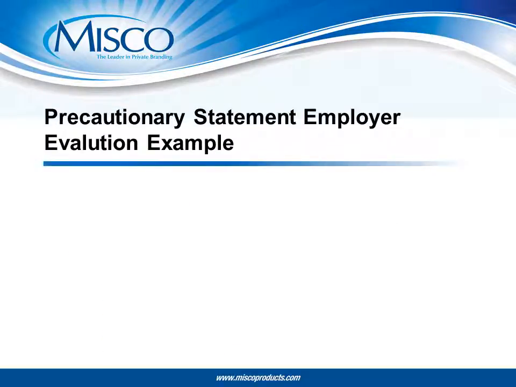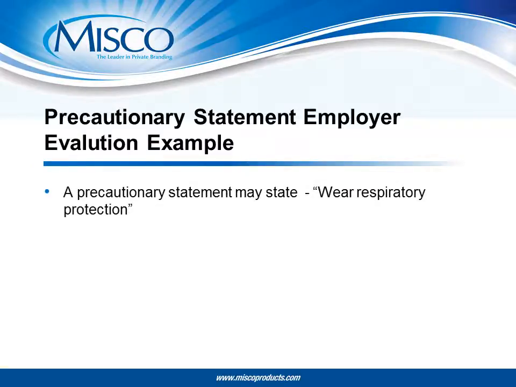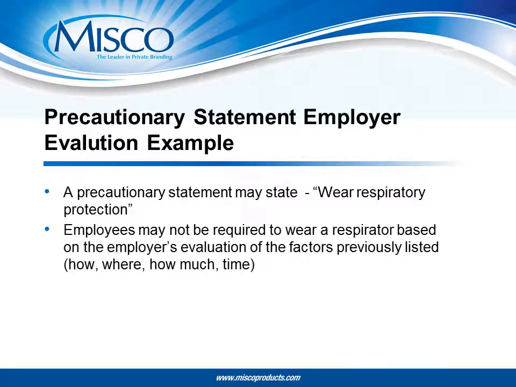Precautionary statement employer evaluation example. A precautionary statement may state wear respiratory protection. Employees may not be required to wear a respirator based on the employer's evaluation of the factors previously listed: how, where, how much, or time, or if they are using it outdoors.